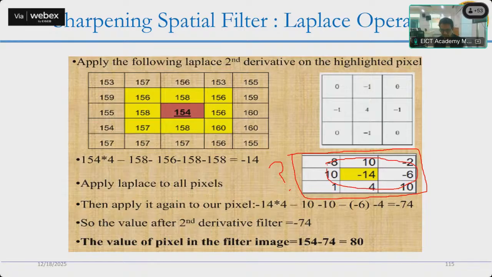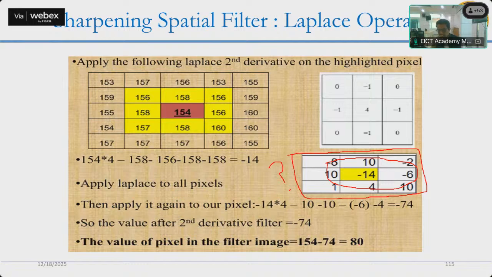Thereafter the resultant value will come, and only then you will get this matrix, and then you multiply it, and finally the second derivative, and then you add it with the original value, and it will come to 80. What is basically the thing here is that in the first derivative it is 140, in the second derivative it is basically 80.